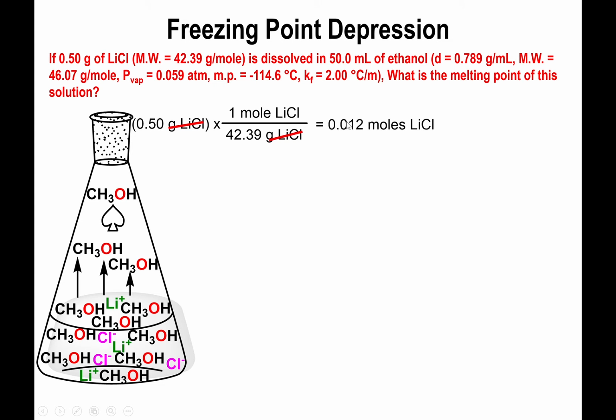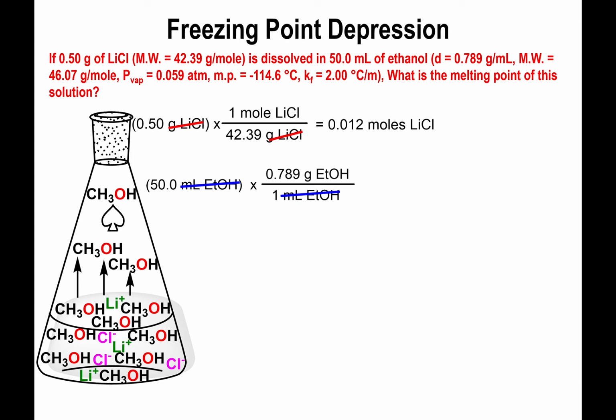Alright, so we take the 0.5 grams of lithium chloride and we change into moles using the molar mass. We get the 0.012 moles of lithium chloride. Next, the 50 ml of ethanol can multiply by the 0.789 grams per ml of ethanol in order to switch over to mass.